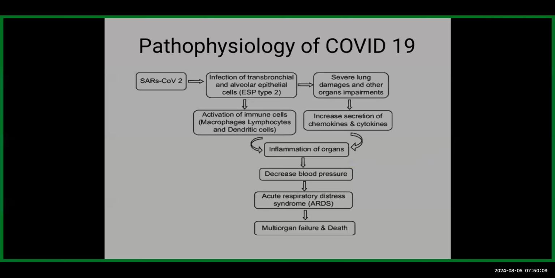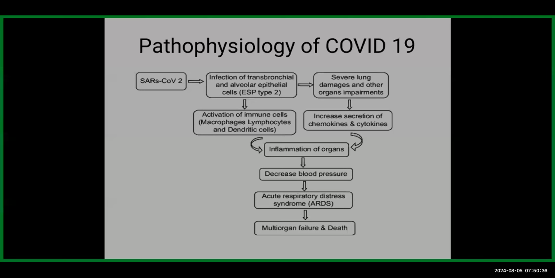The pathophysiology of COVID-19: it is caused by the SARS-CoV-2 virus, and is usually transmitted through aerosols. When the patient is exposed to the virus, there will be infection of the transbronchial and alveolar epithelial cells, especially type 1, and this will lead to severe lung damage and other organ impairment.